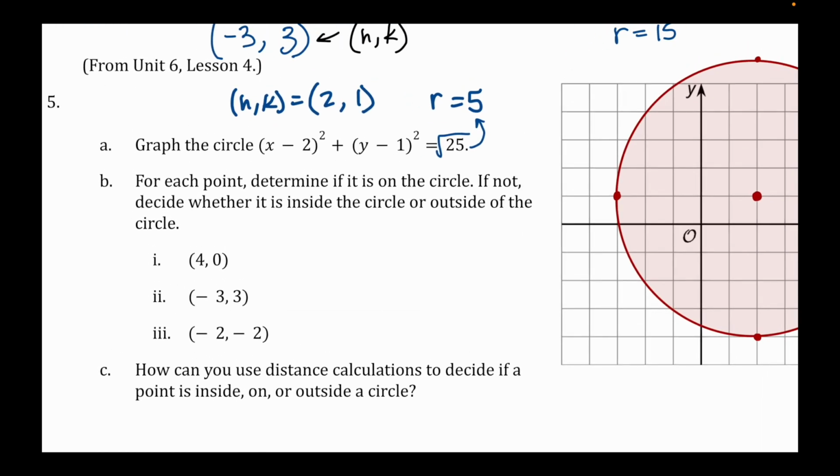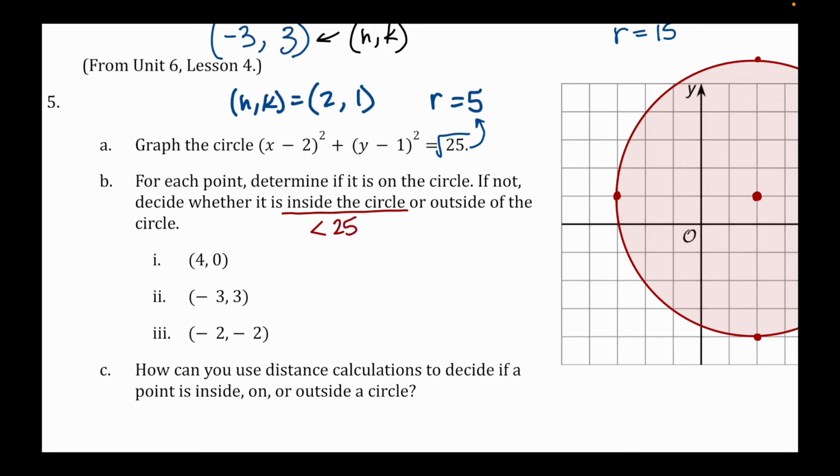Now, after we've graphed it, we're going to try to determine if each point is on the circle, and if not, whether it's inside or outside of the circle. If it's inside the circle, that means the value is going to add up to be less than 25 in this case, because that's our r squared.